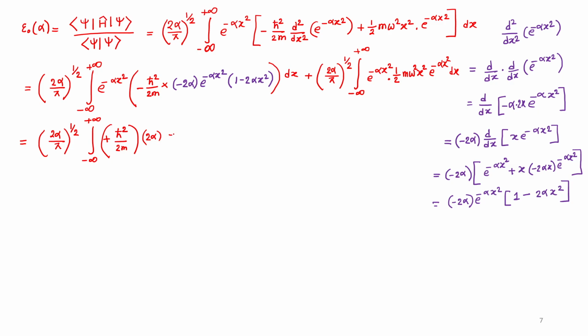Then we are going to have e to the power minus 2 alpha x square, because there are two exponential functions with the same base, so the powers can add up. 1 minus 2 alpha x square, minus x square dx. 2 alpha x square dx.